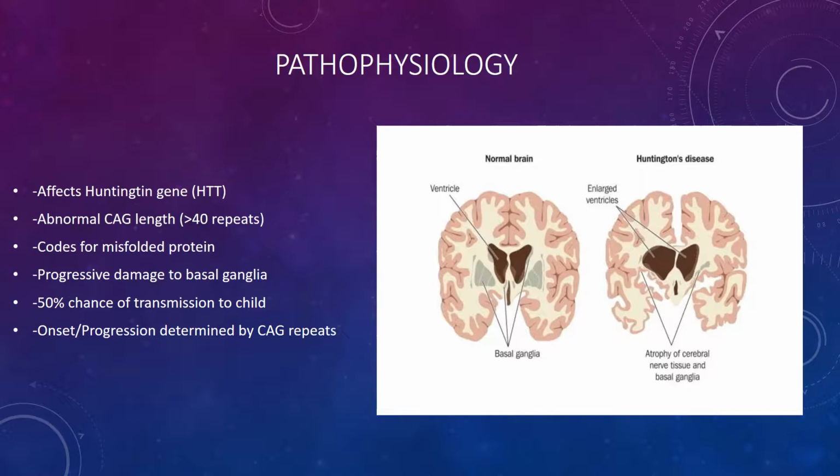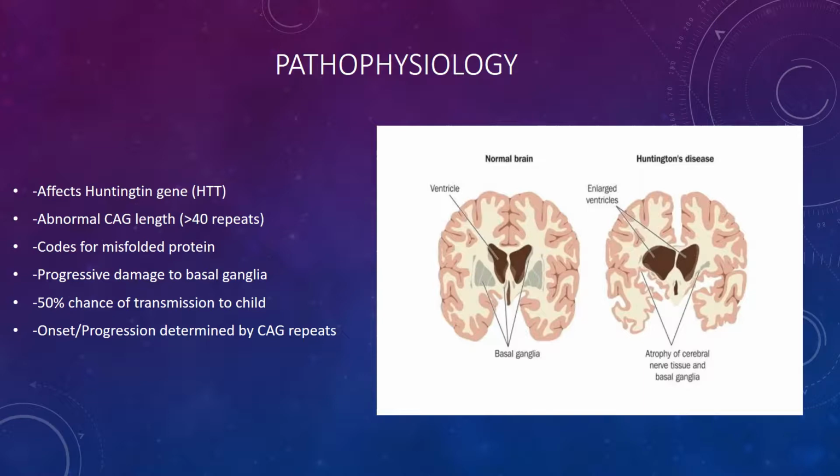And basically this causes the gene to code for abnormal HTT protein. So the protein is misfolded and it can cause neurotoxic effects, and it can progressively damage brain tissue.